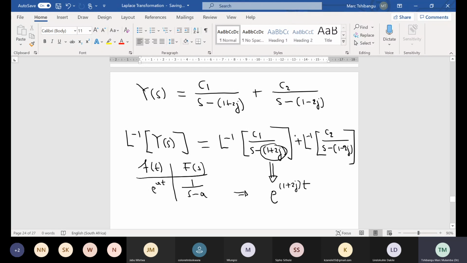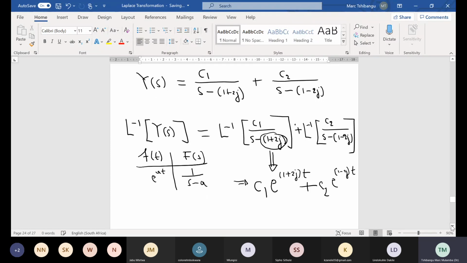Don't forget the constant C1 here, and here we have negative 1 minus 2j, with constant C2. The inverse Laplace transform of this function will be e to the power of (1 minus 2j) times t, because our a is 1 minus 2j.